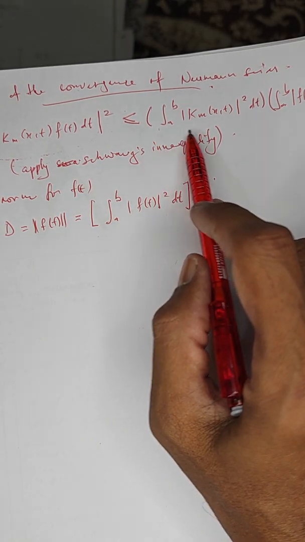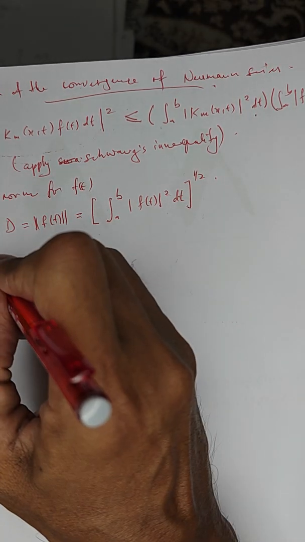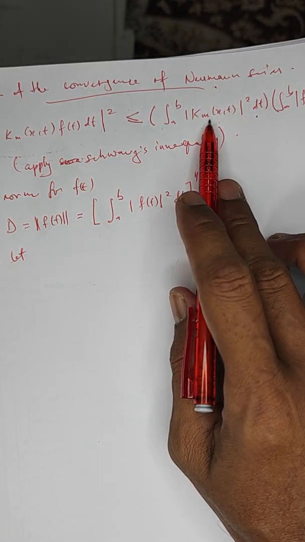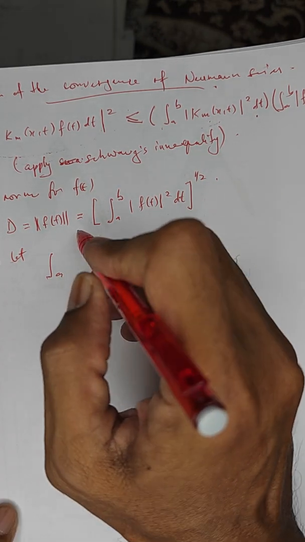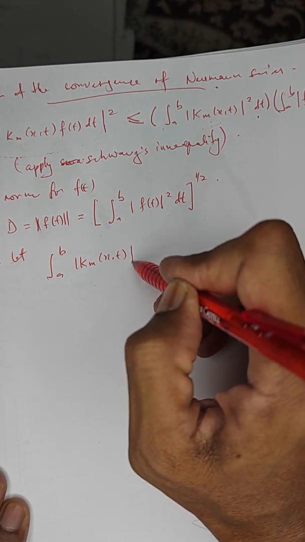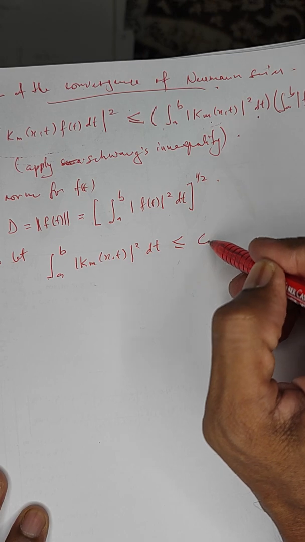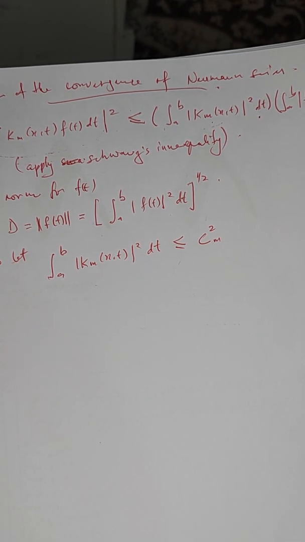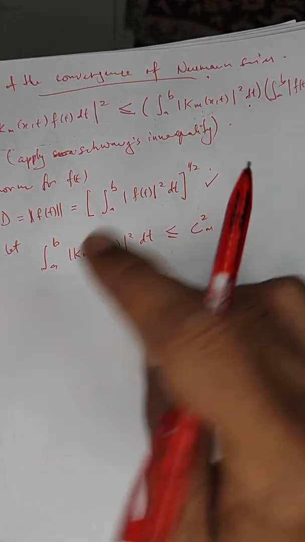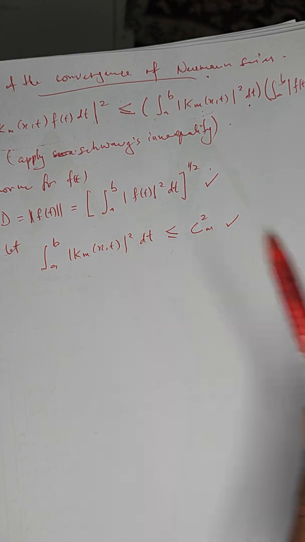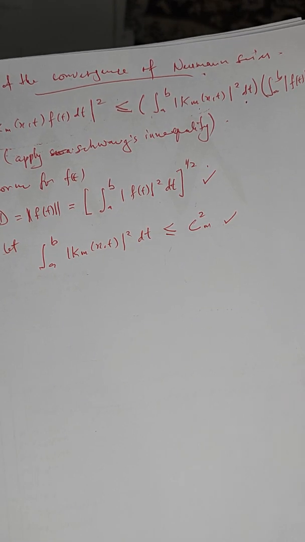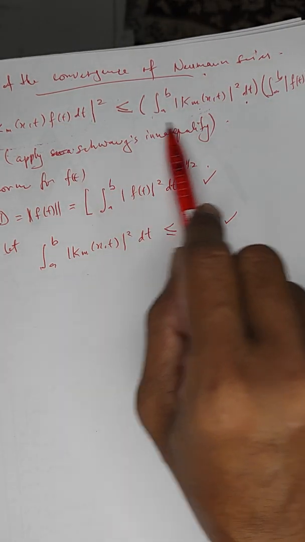Further, we let the integral from a to b of K_m(x,t) squared dt be less than some number c_m squared. We use the norm of f(t) as well as this bound in the inequality.